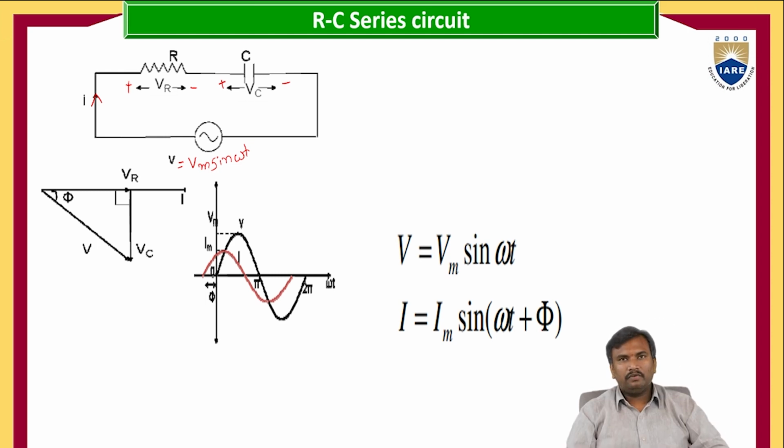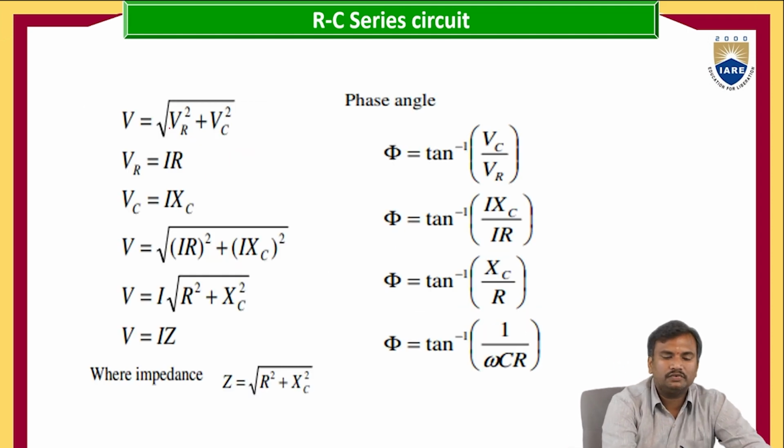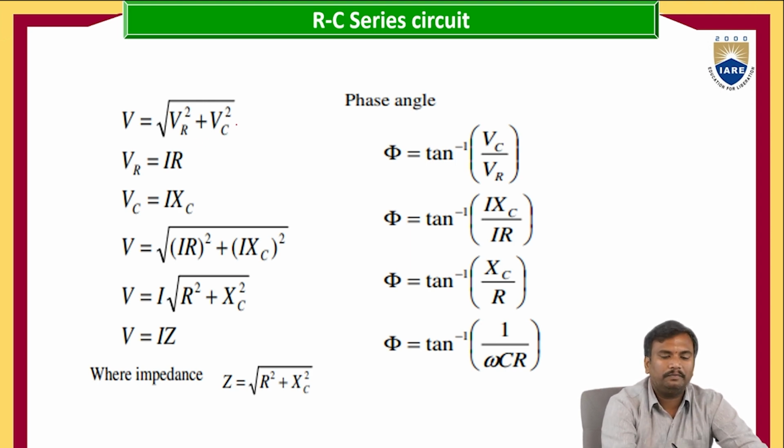So how do we get the value of phi? Let us see. Here voltage V equals square root of VR square plus VC square, because we are going to get it in vector form.